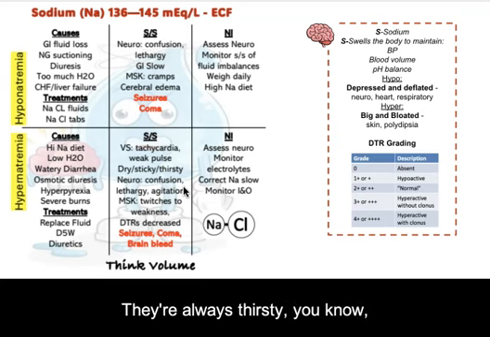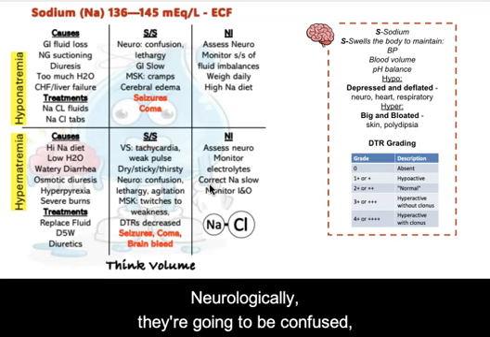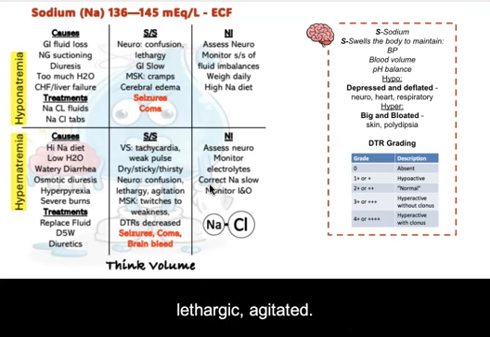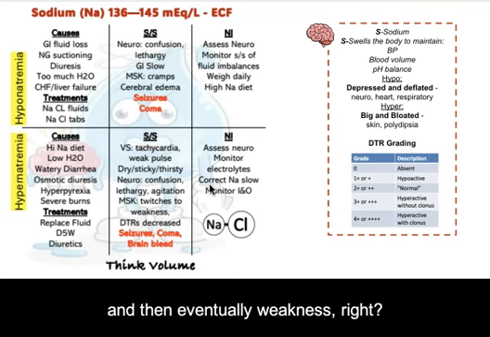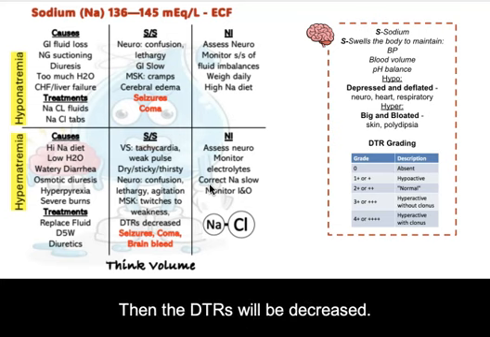They're always thirsty. Remember we said that's a sign of dehydration, right? Neurologically, they're going to be confused, lethargic, agitated. So these are all neurological signs. Musculoskeletal wise, they're going to have twitches, and then eventually weakness, right? It starts with twitching, but then it leads to weakness. Then the DTRs will be decreased.